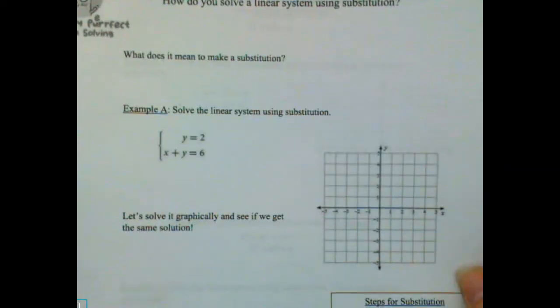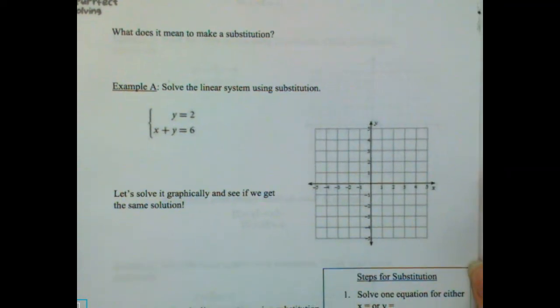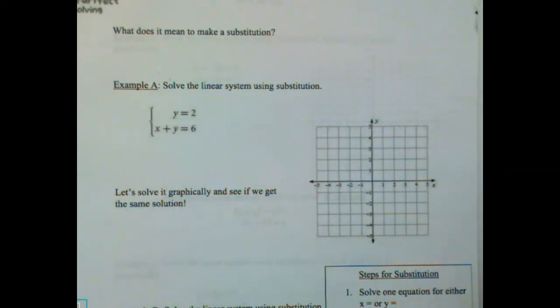Okay, so first of all, let's talk about the word substitution. What does it mean to make a substitution? And that means in general. If I'm cooking, I could substitute margarine for butter, maybe some oat milk for regular milk. Those are substitutions, right?